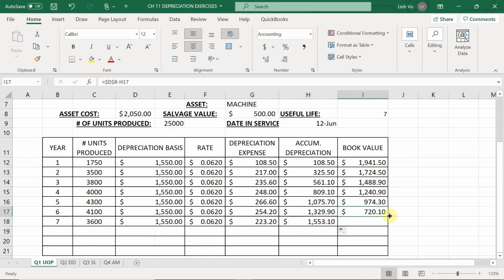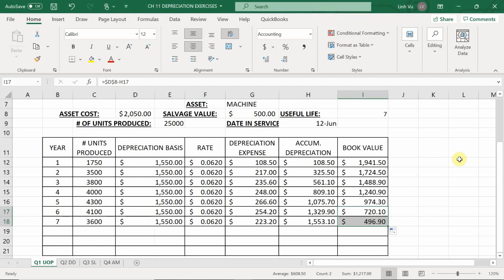To give us a grand total here of book value to be $496.90. And here, we can't have that because our salvage value is $500. Our book value fell below this threshold of $500.